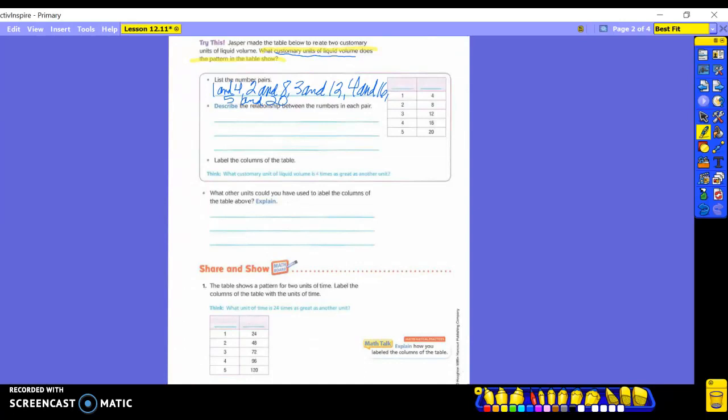Just like we did on the other page, we need to think about the relationship between the numbers in each one of the pairs. So I'm going to look at 1 and 4, see what kind of relationship we have. 2 and 8 has to be the same relationship. 3 and 12. So think about what we put on the other side. Can I put something similar here? Okay, so the second number in each pair is what, Aiden?